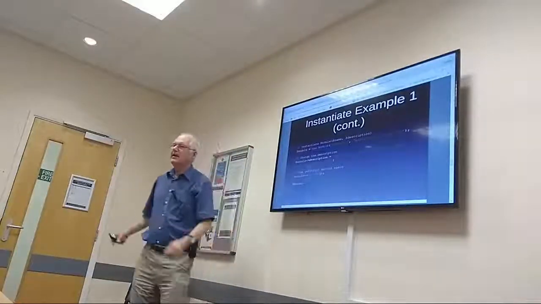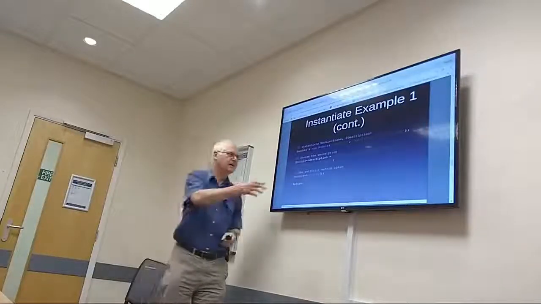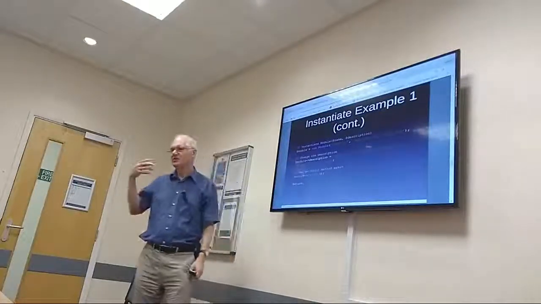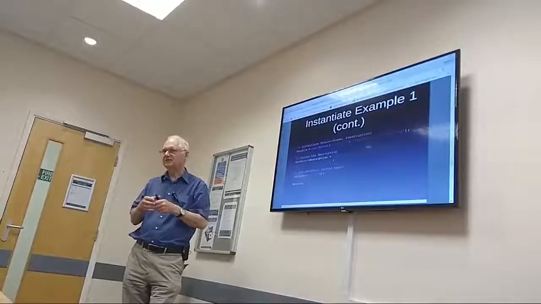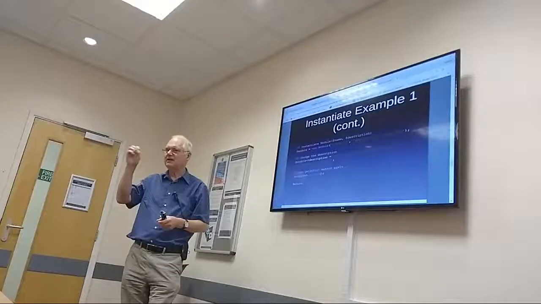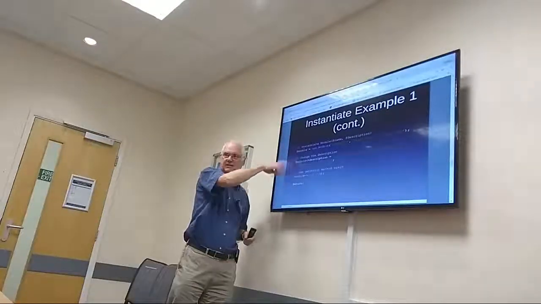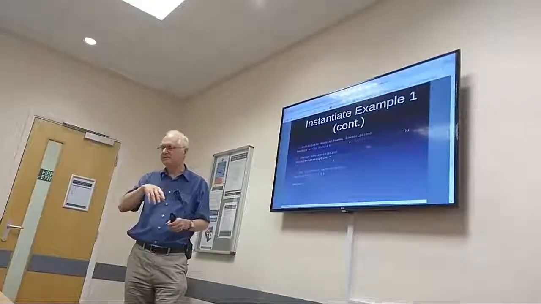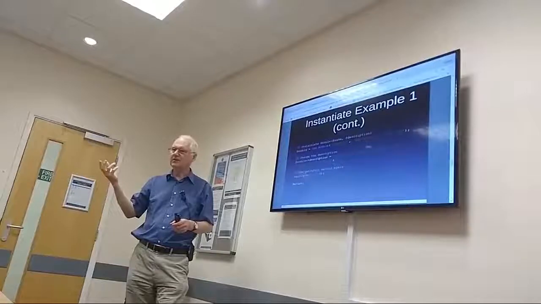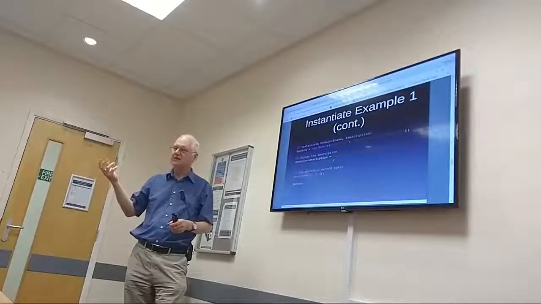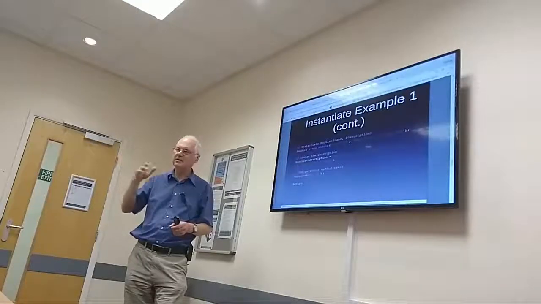There is an argument about whether it's a good idea to make attributes like that accessible directly, because it's possible then to mess around and change things directly by accessing the attributes, and the class itself has no knowledge of the fact that that's been changed. So there is an argument that says you shouldn't make your attributes publicly accessible.